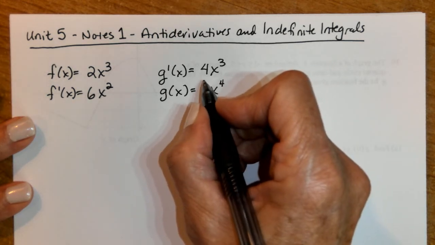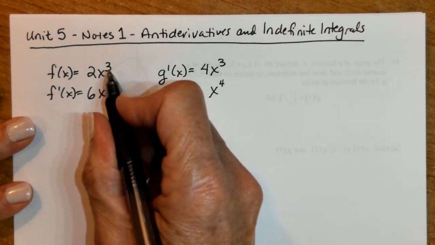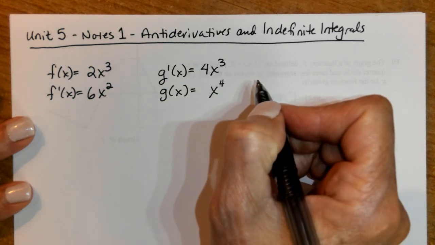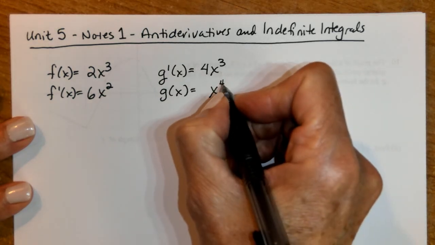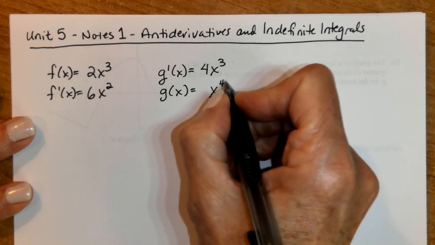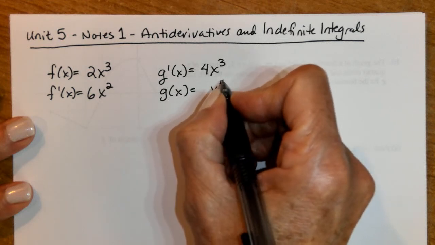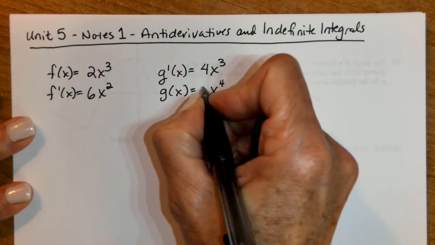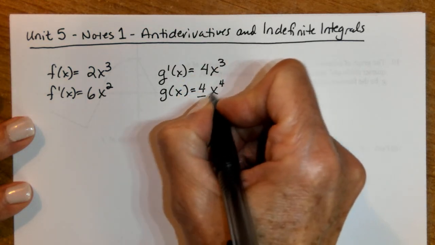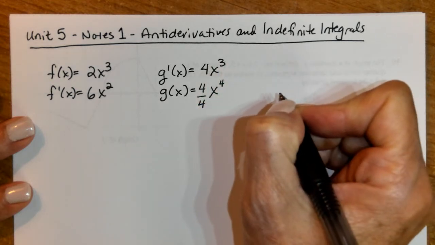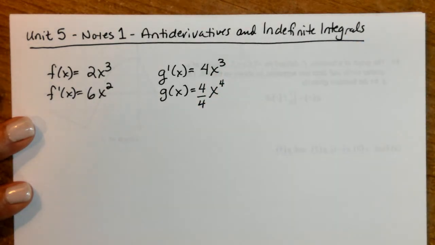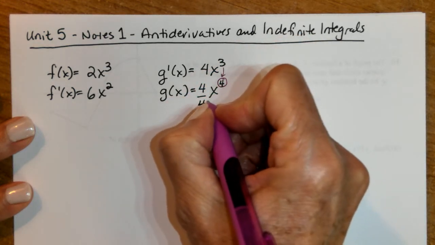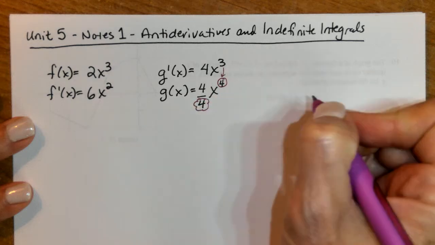Well, remember, to get the derivative, you multiply by your exponent. So the derivative of x to the 4th would be 4x cubed, right? So in other words, we have this 4 that was there, and we're dividing it by this 4. So it looks like we add 1 to the power, and then we divide by that new power.